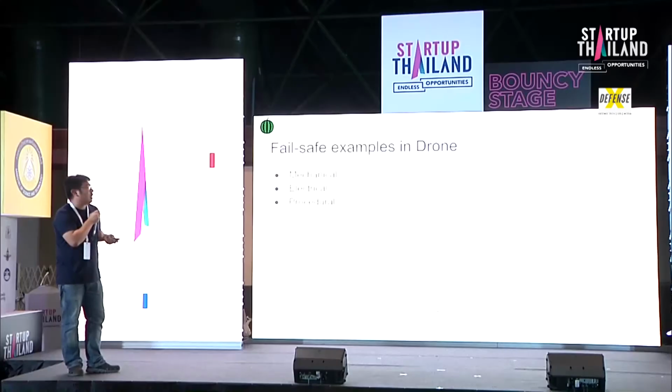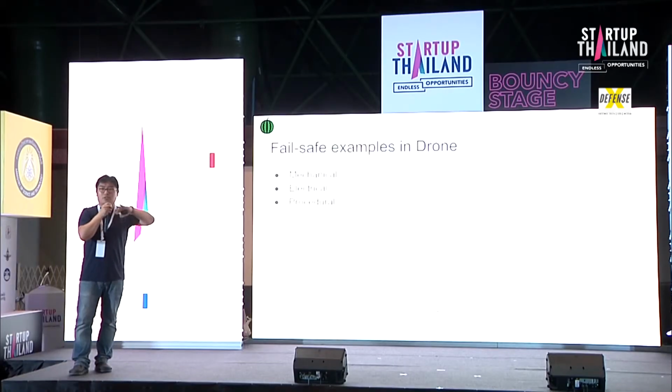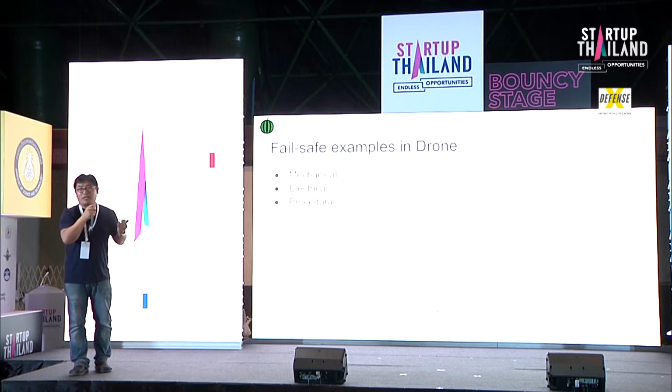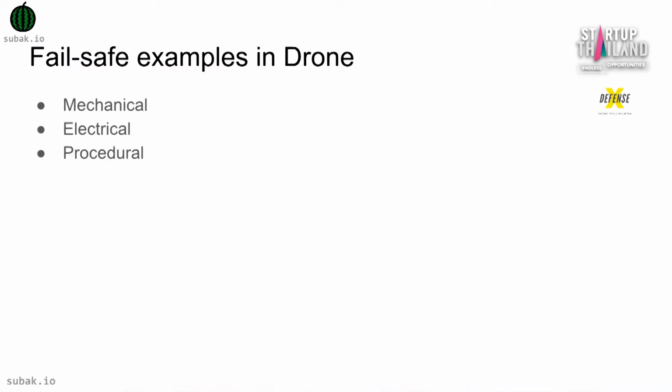That is a fail-safe. For example, if your drone loses a propeller in flight, the drone makes a decision to hover in the same position, come back to the launching position, or land at a safe location. It depends on policy, right?